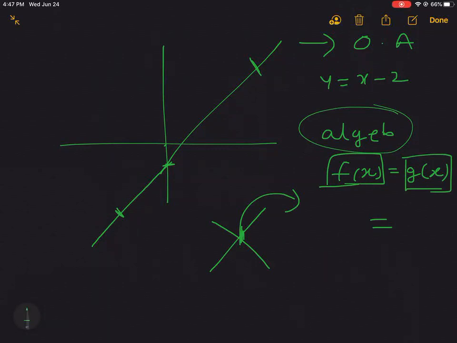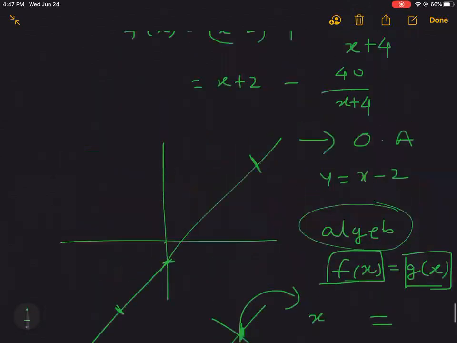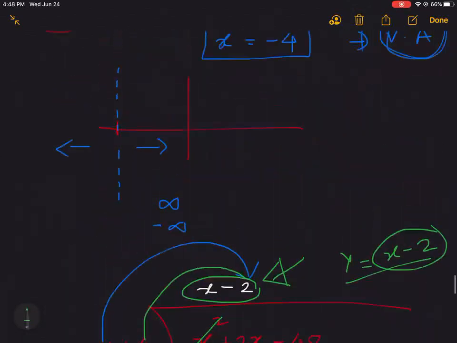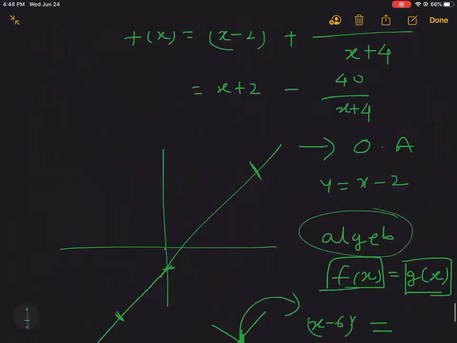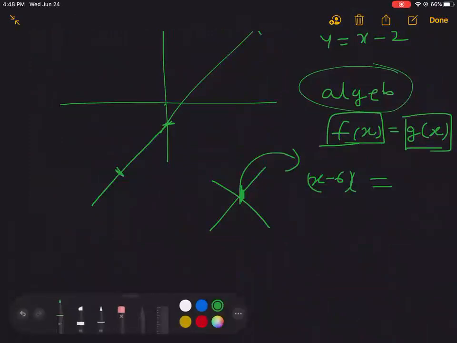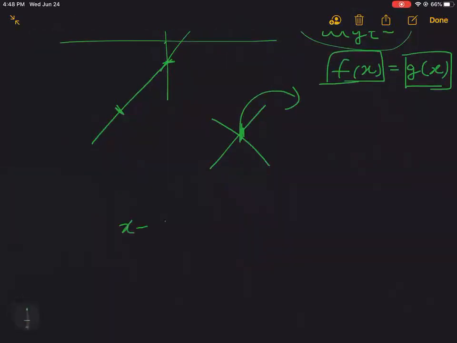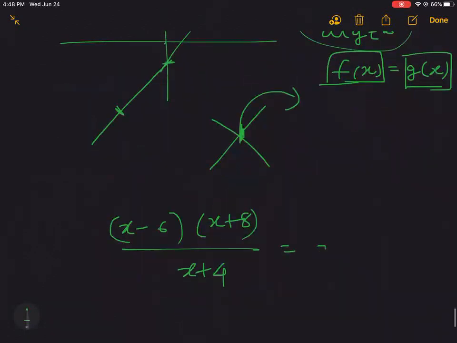So if my function, which is x minus 6, x plus 8 over x plus 4, has an intersecting point, this will be equal to the oblique asymptote, which is x minus 2.